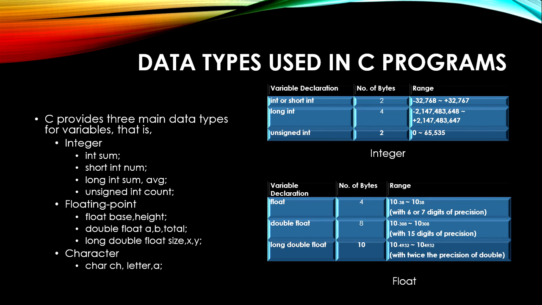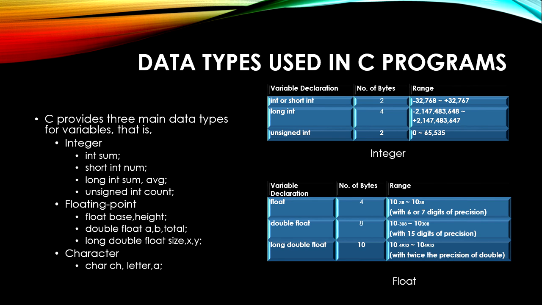Int a, b, sum, product. Int is the type specifier, and a, b, sum, product are variable names. Short int num, long int num, and unsigned int count.